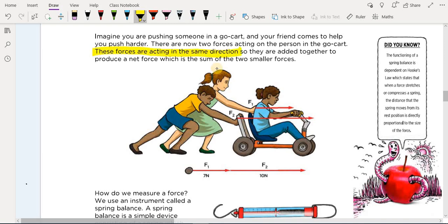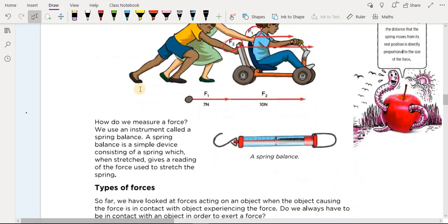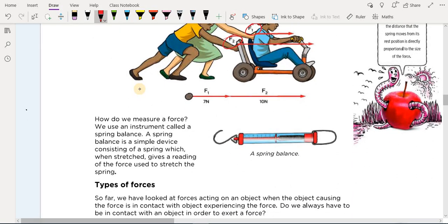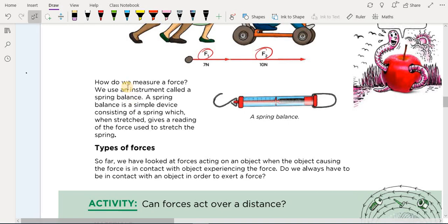So these forces acting in the same direction to produce a net force, and the net force is going to be the sum of the two smaller forces. So you'll see on the diagram that one's been labeled F1, F2, and those are just labels we give to forces. So when we represent that in a free body diagram for now, there's F1 and there's F2. Okay.